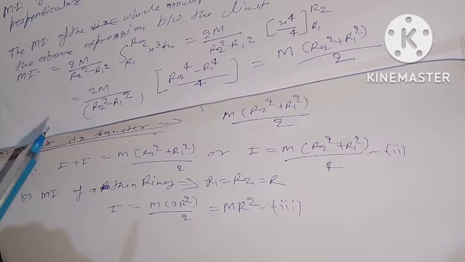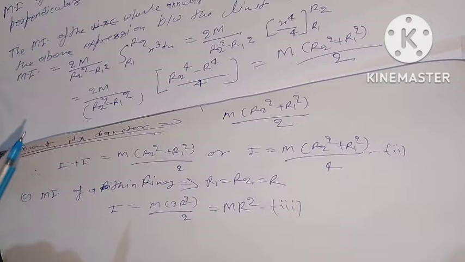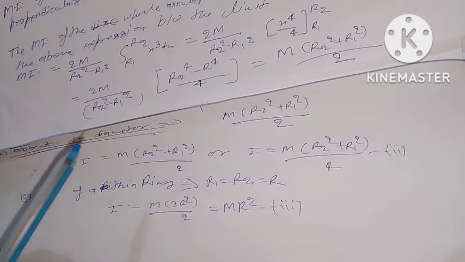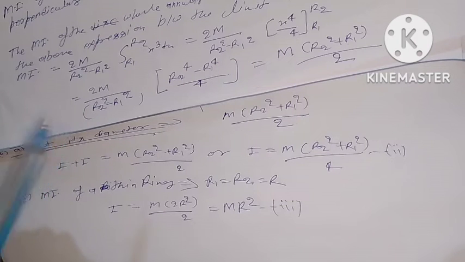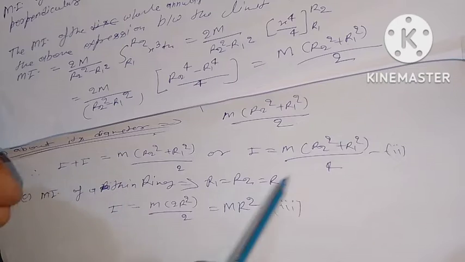If I is the moment of inertia about any diameter, then the sum of the moments of inertia about two perpendicular diameters, by the principle of perpendicular axis, will be equal to the moment of inertia about an axis through O and perpendicular to its plane. So M (R2 square plus R1 square) upon 2 equals I plus I, which gives I equal to M (R2 square plus R1 square) upon 4.